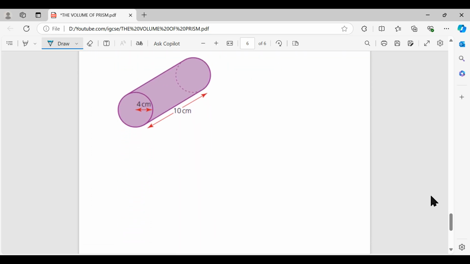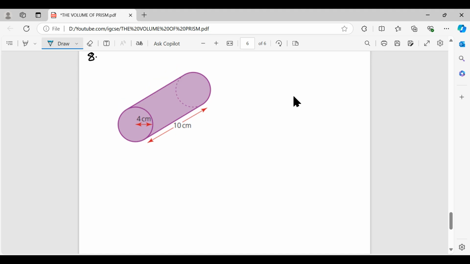Now, let's go to another one. Okay, this is the last question of this topic. Here you have another kind of prism, that is a cylinder. As we know, volume of prism is area of cross section. Have a habit of writing the formula every time; you get marks for the formula as well. Now see the area of cross section.